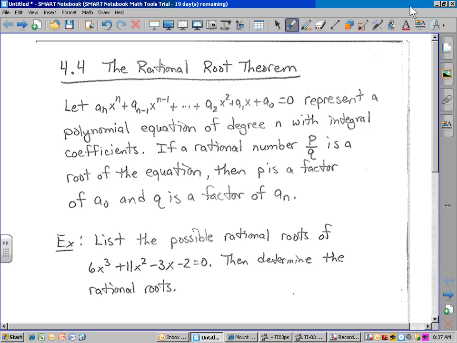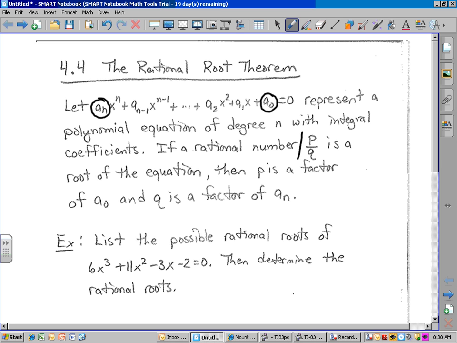Basically what that's saying is that if you look at the last number, a sub 0, and the first number, a sub n. Because a sub n, all the way down to a sub 0, simply represent the coefficients, the numbers that are in front of the variables. A rational number, p over q.